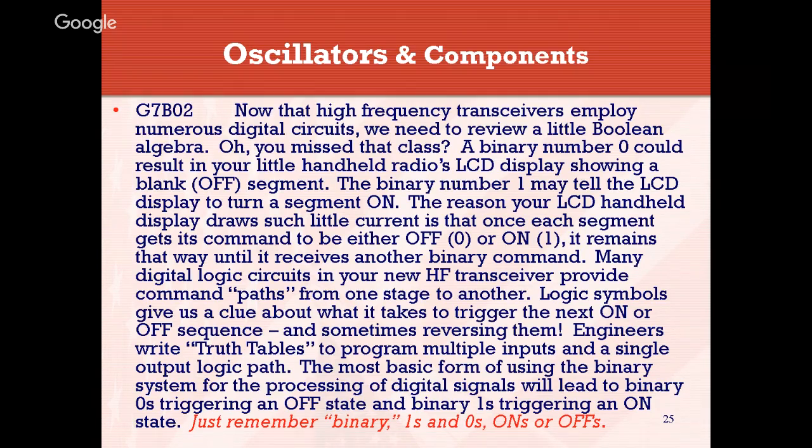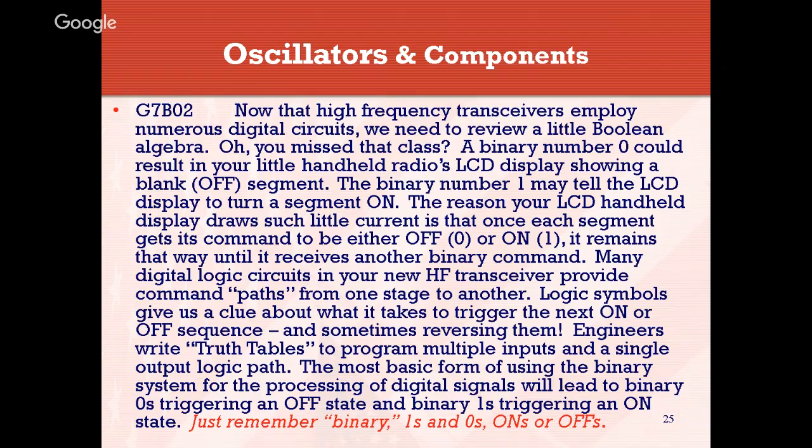Well, in your HF transceivers, there are numerous circuits, and boy, I don't know, we need to review a little Boolean algebra. That's quite the class if you want. But a binary number 0 could result in a little handheld radio's LCD display showing a blank, off segment.